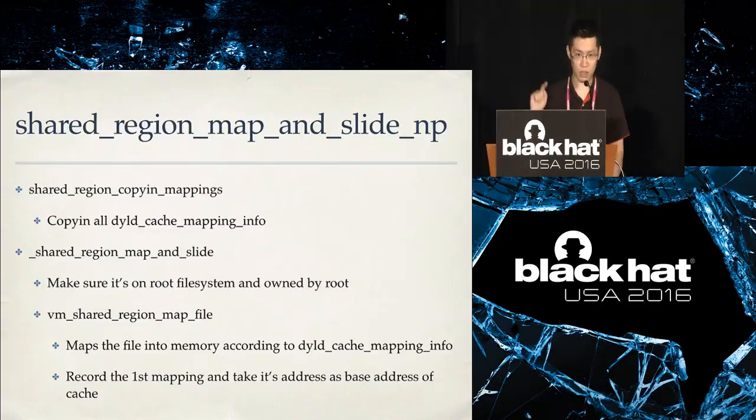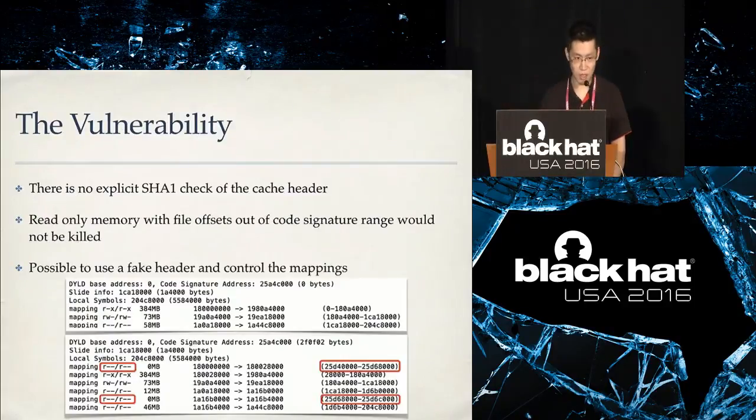Also, it will record the first mapping and take its address as the base of the whole shared cache. So if we trace the process of loading the shared cache, we'll find there's no explicit code signature verification of the cache header. Yes, although the cache header is marked as RX, it doesn't have to be RX because you don't need to execute the code inside it.